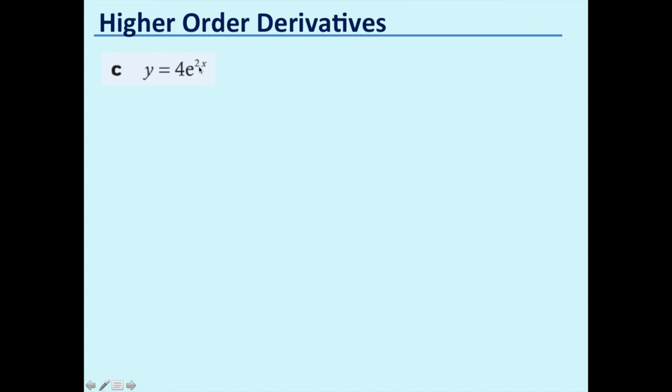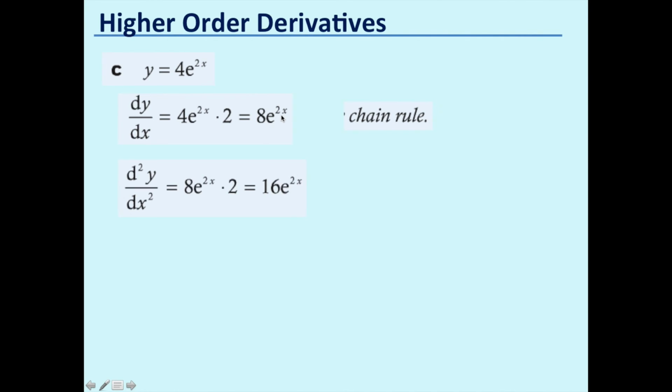So if we differentiated that, that would be exactly the same. Using the constant multiple rule here, this would be 4 times e to the power x. However, we know that our second function, v of x, is 2x, so it's going to be 4e to the power 2x multiplied by the derivative of this, which is 2, which gives us 8e to the power 2x.